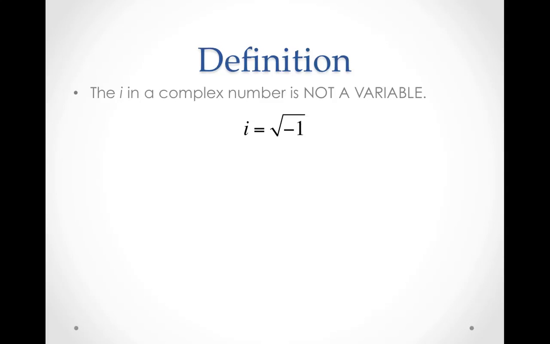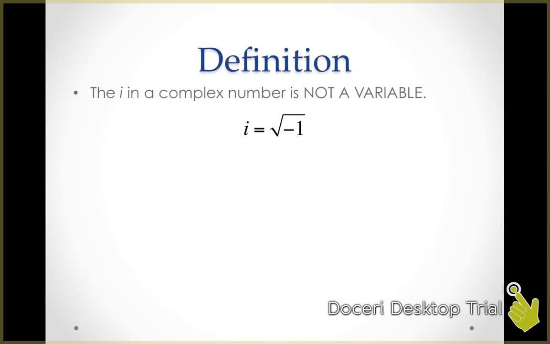The thing to understand about i is that it is not a variable. It represents a value. Granted, it's not an easy value to get your head around, but it represents the square root of -1. Just like if I use this symbol, we know that represents a value approximately 3.14.